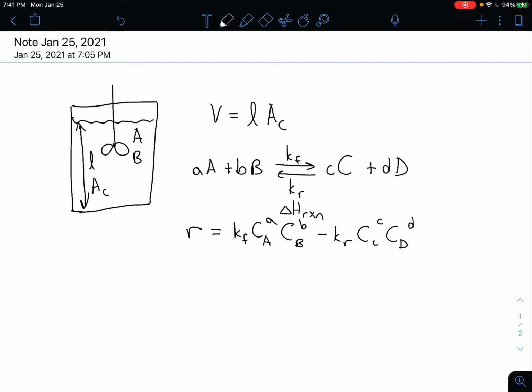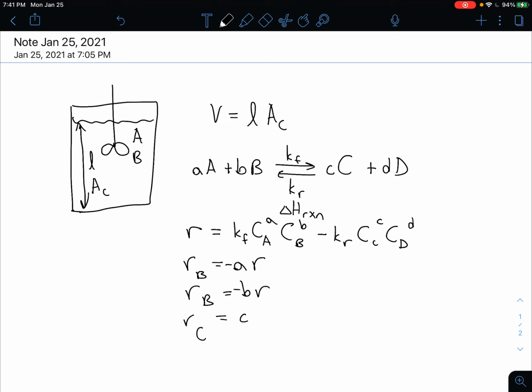And the rate of consumption of A is just going to be a times R. The rate of consumption of B is going to be b times R. Actually, let me put negatives just to make it clear that those are consumption terms.